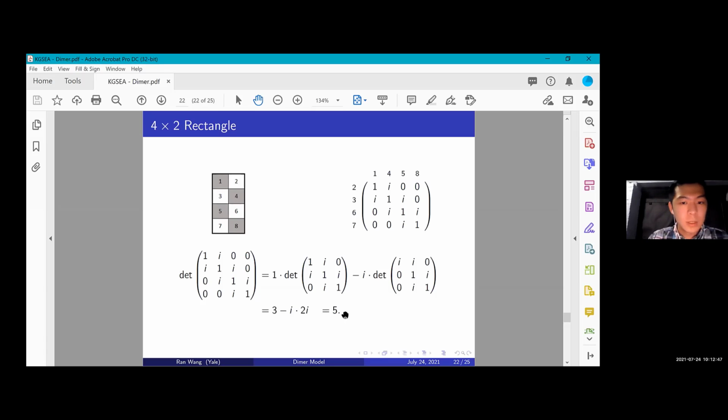So this is how we calculate this one. Compared to what we had previously, for the 2 times 4 rectangle, we actually have 5 ways. We have proved it.